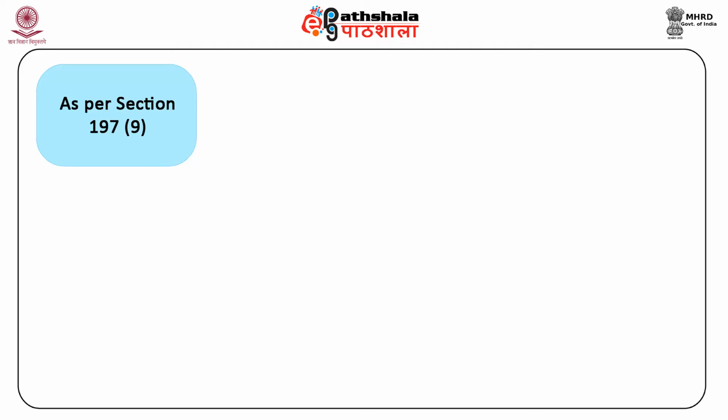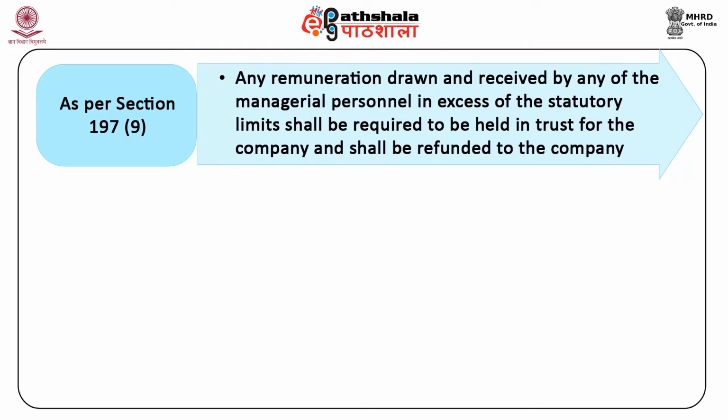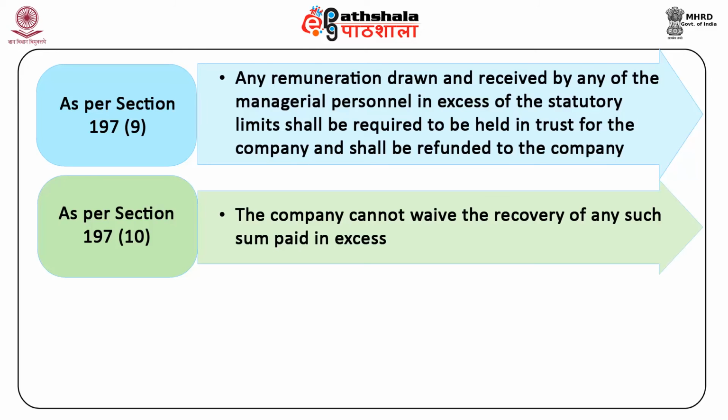197 subsection 9. Any remuneration drawn and received by any of the managerial personnel in excess of the statutory limits shall be required to be held in trust for the company and shall be refunded to the company. As per section 197 subsection 10, the company cannot waive the recovery of any such sum paid in excess.